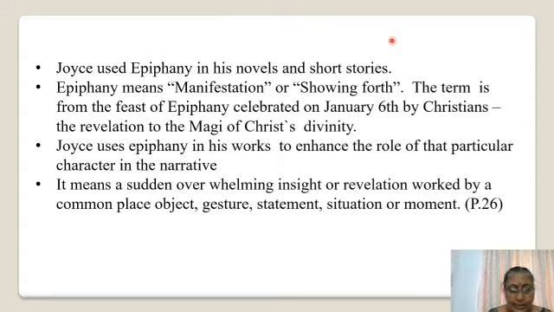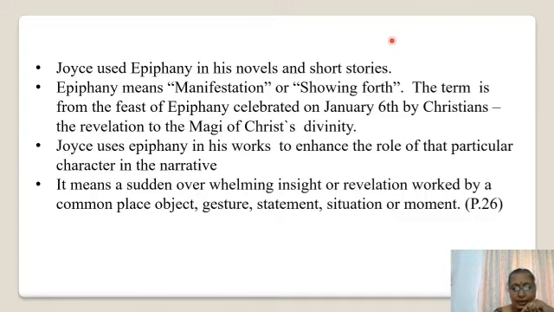It also means a sudden, overwhelming insight or revelation worked by a commonplace object, gesture, statement, situation, or moment. You will find all these on page 26 of your textbook.